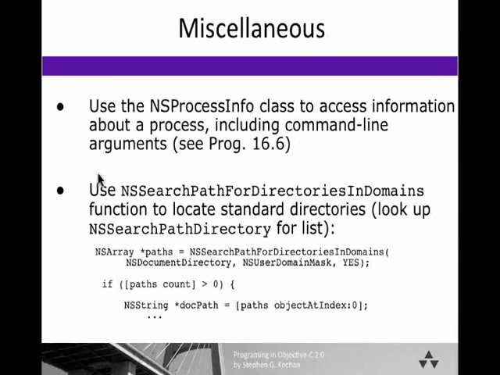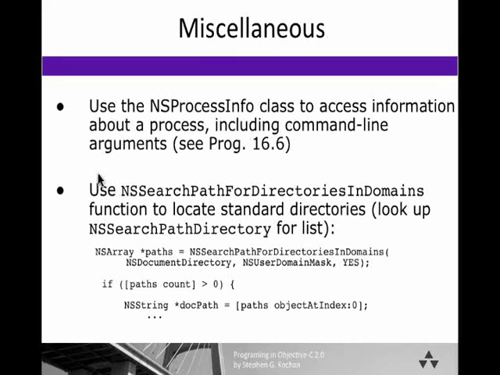In that example, if you send the processInfo message to the NSProcessInfo class, you get back this NSProcessInfo object, and then you can send all sorts of messages to that object to ask questions about the process. For example, you can ask it what the process name is, what the operating system name is, what the operating system version is.